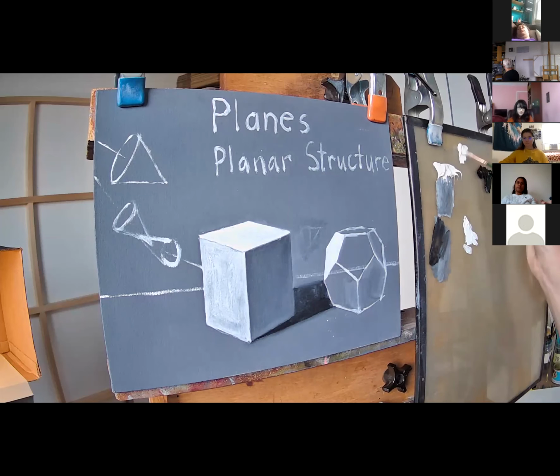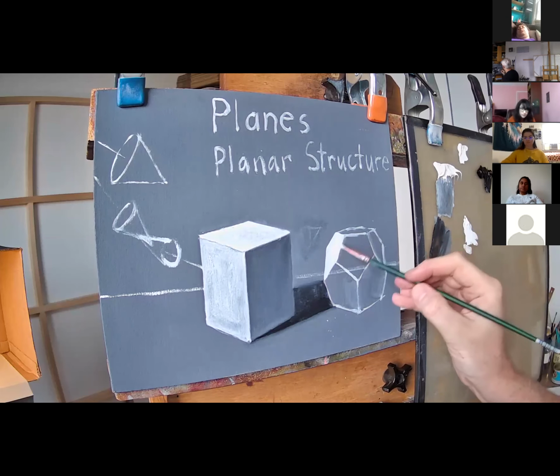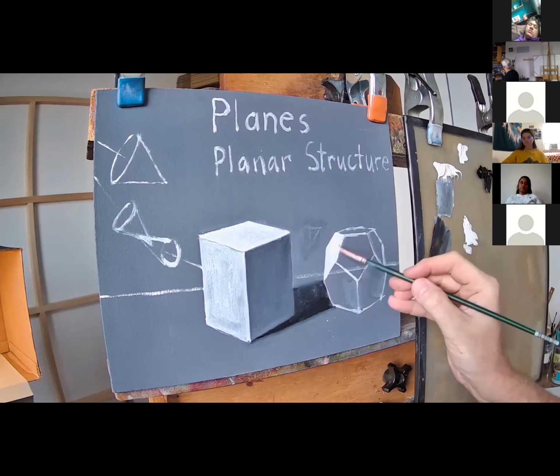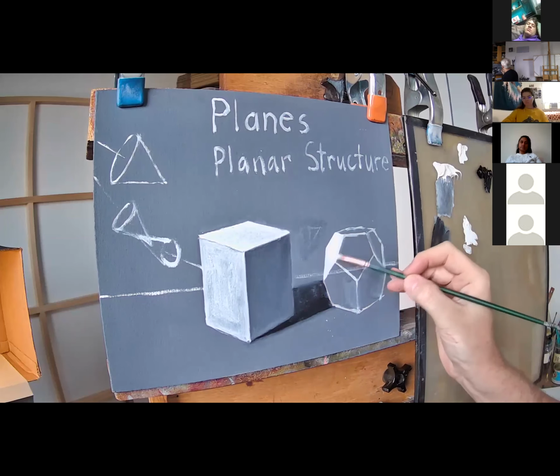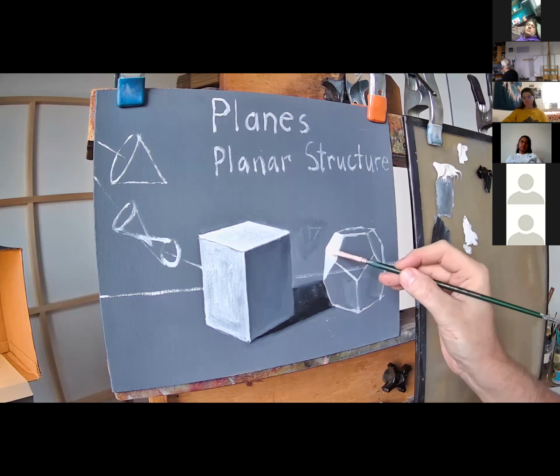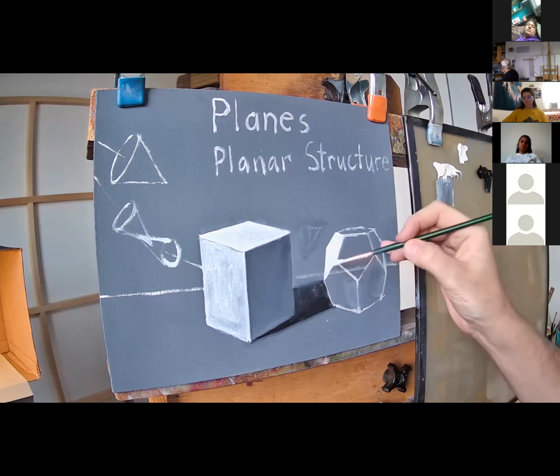Putting down a different white. This is a white called titanium white, and it's a lighter, brighter white.